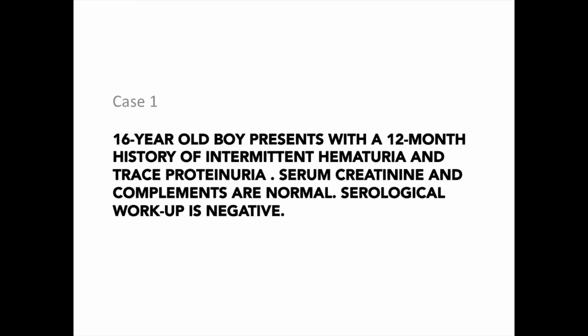Case 1. نبتدي الحين بكيس رقم 1. Case 1, this is a case of a 16-year-old boy who presents with a 12-month history of intermittent hematuria. على الأغلب كان عنده روتين check-up زين وشافوا إنه every now and then عنده hematuria وعنده trace proteinuria.